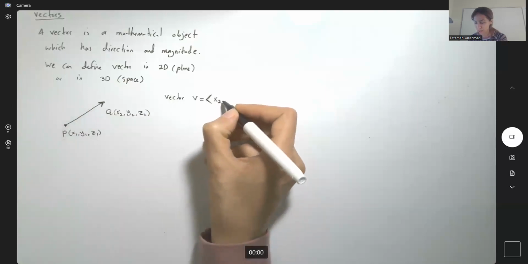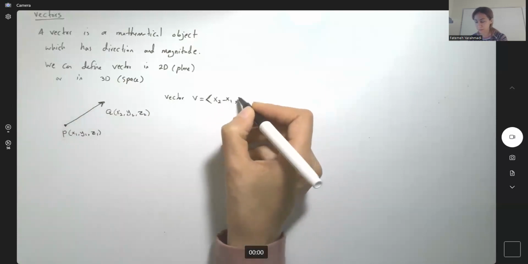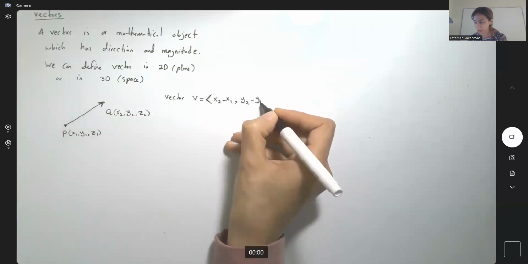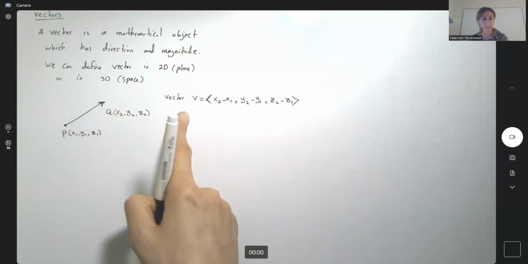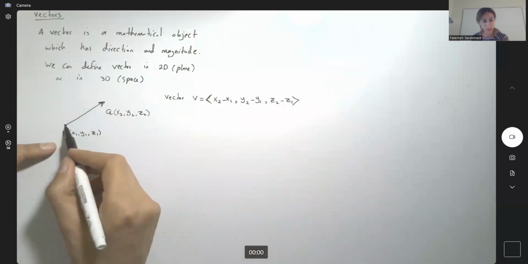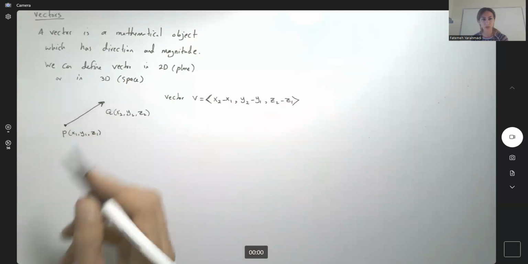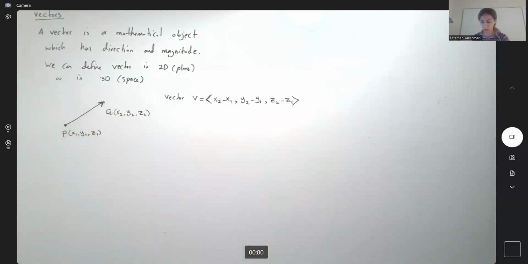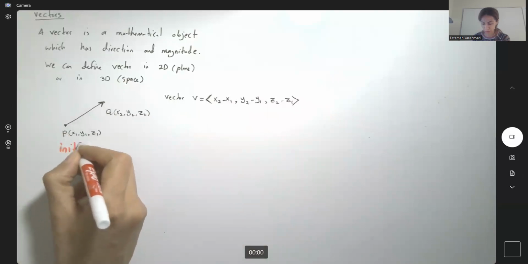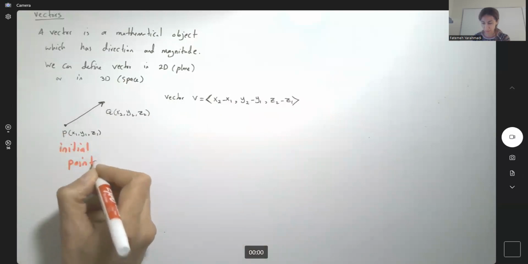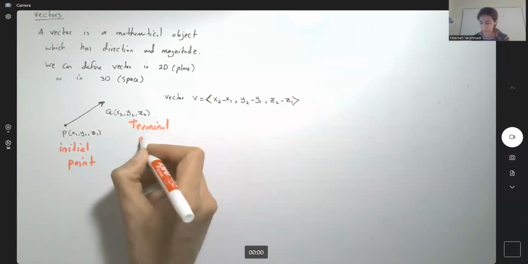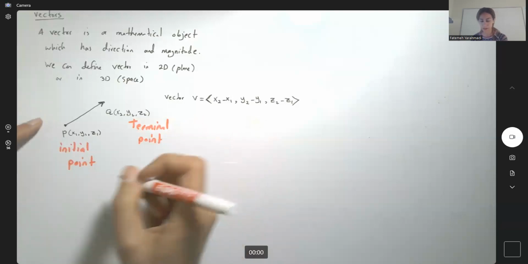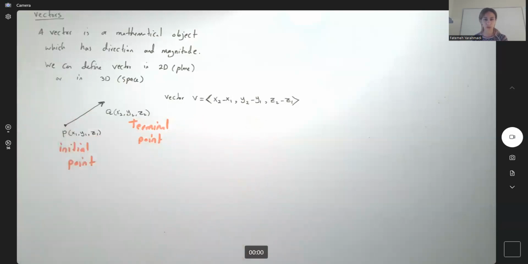So you have x2 minus x1, comma, y2 minus y1, comma, z2 minus z1, and this is a vector with starting point P and stopping point or terminal point at Q. So here you have the initial point, and this is the terminal point. And this is a vector associated to these 2 points, starting at P and stopping at Q.